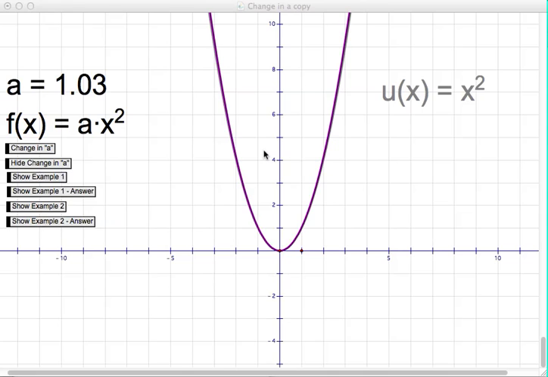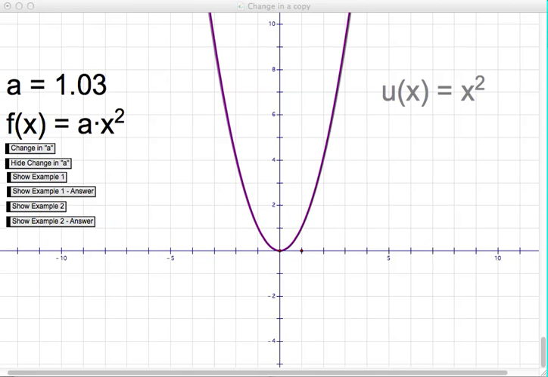I told you that the a value of the parent function is just 1. If it's greater than 1, it's going to be narrower. It's going to travel inside of the existing quadratic function that we have graphed right here.